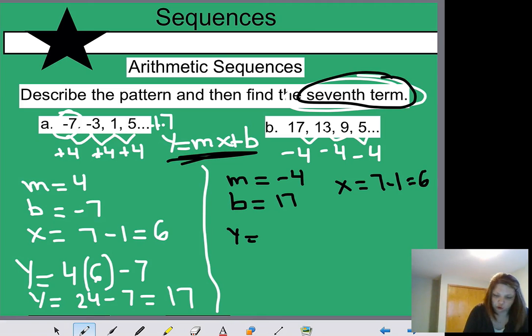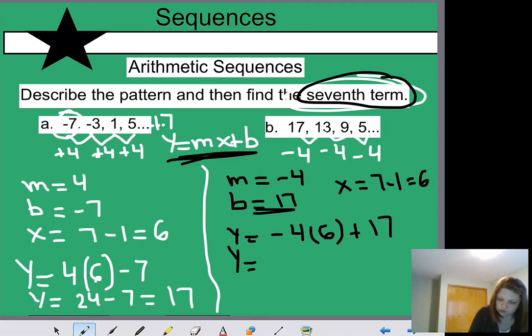Okay, so we're going to substitute all those numbers into the arithmetic sequence formula. And we will get -4 times 6, and then plus 17, because this is b and b is 17.